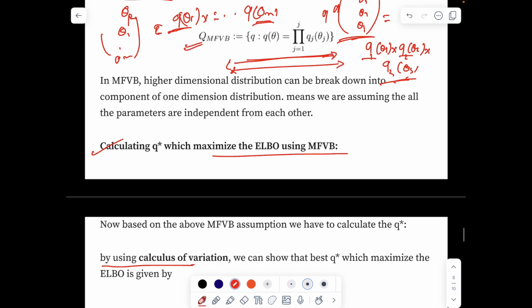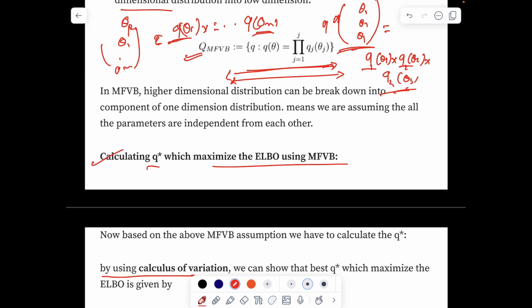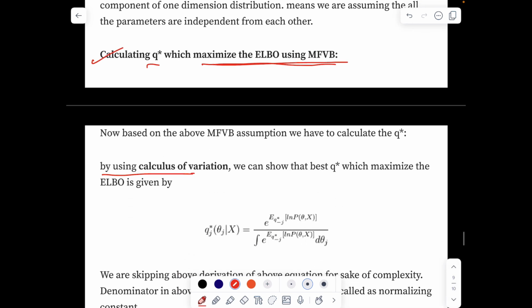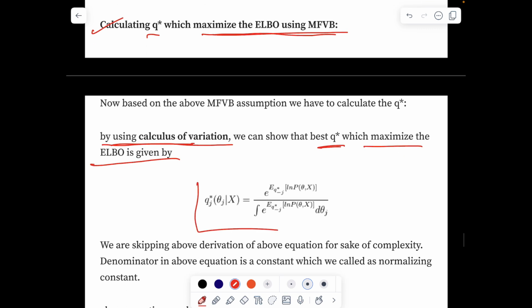Now for calculating q star, which maximizes the ELBO, you need the calculus of variations. Using calculus of variations, you can show that the q star which maximizes the ELBO is given by this. But I don't want to go into the mathematical detail of how this was derived.